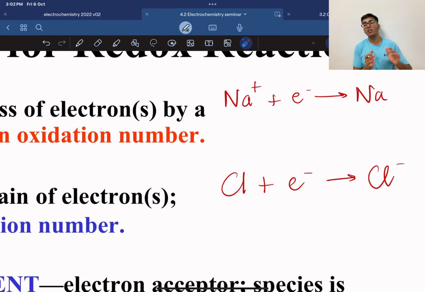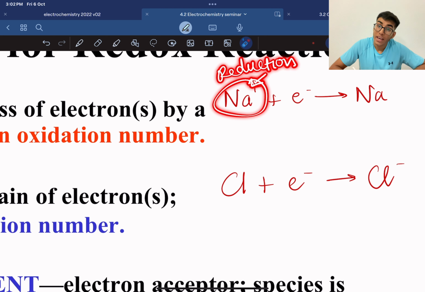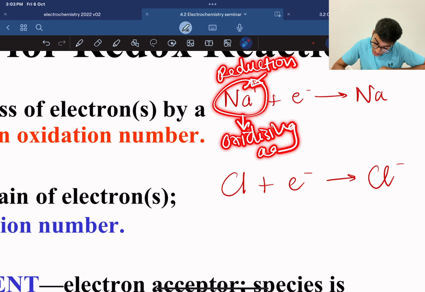What did we learn? The gain of electrons is reduction. So Na+ is getting reduced. That means this is also an oxidizing agent.